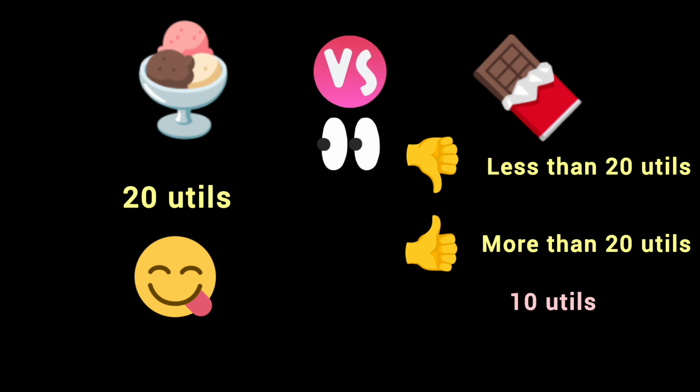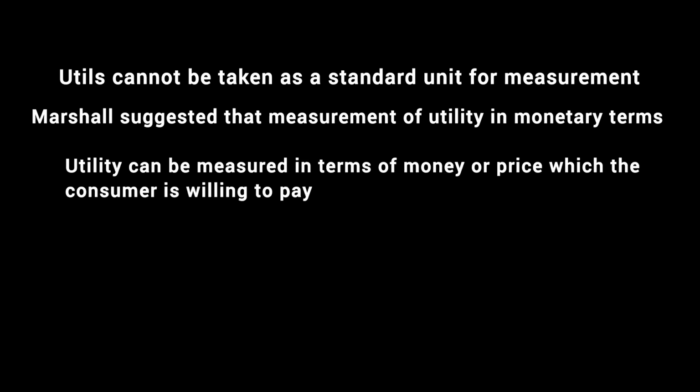There is one more way to measure utility. As we know, utils cannot be taken as a standard unit of measure as they vary from individual to individual. Hence, several economists including Marshall suggested measuring utility in monetary terms. It means utility can be measured in terms of money or price which the consumer is willing to pay for that commodity. Suppose one util is assumed to be equal to rupees 1.